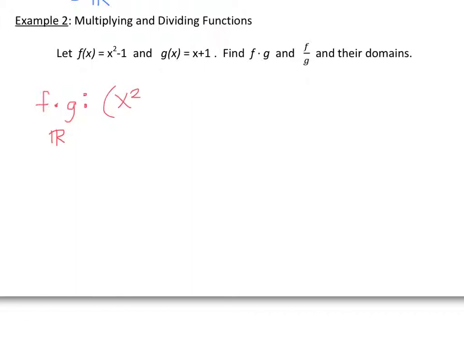x squared minus 1 times x plus 1. What are we going to have to do to this? FOIL is right. All right, so first times first gives us x cubed.